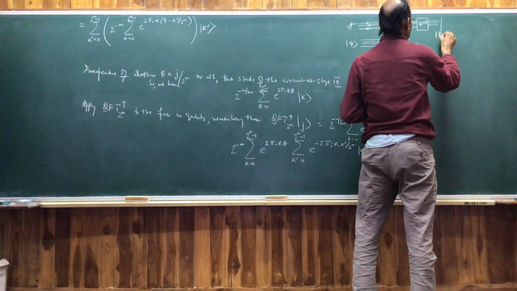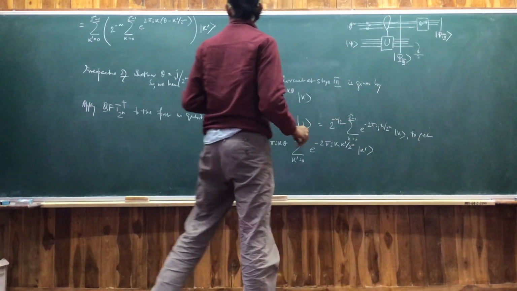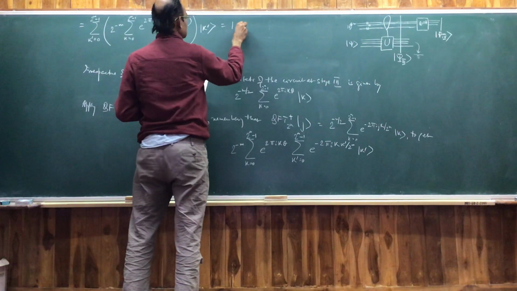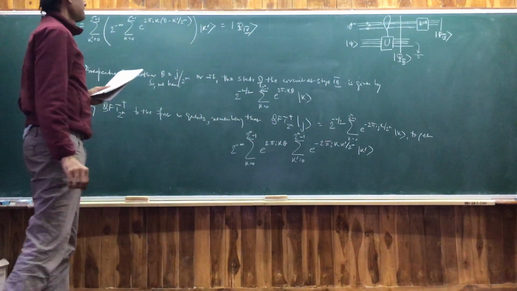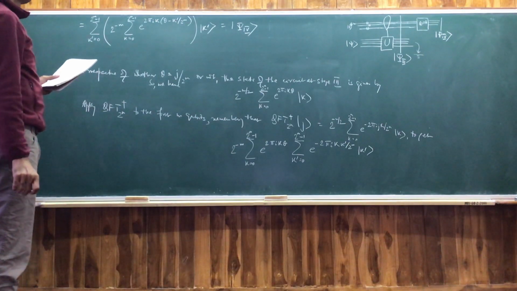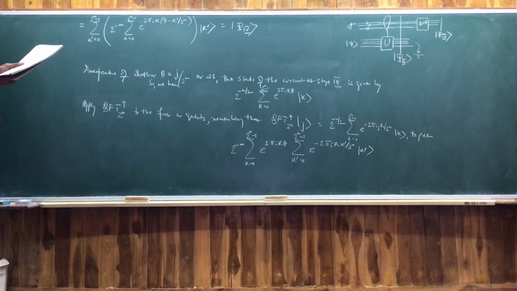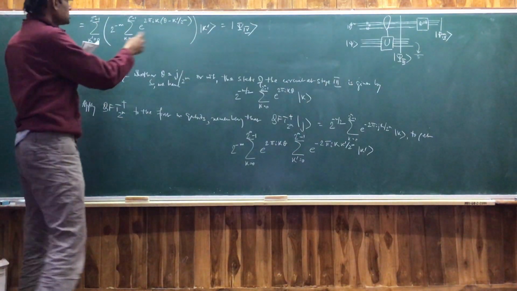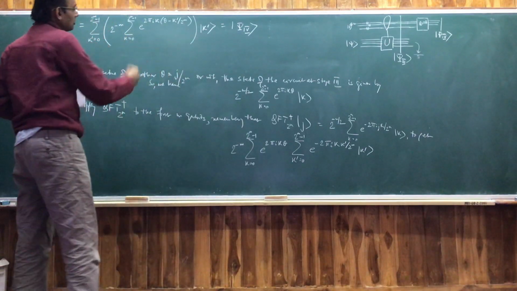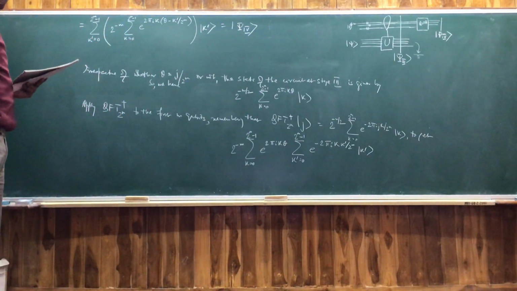Call it psi 4. If we assume theta to be of the form j by 2^m, this is just a single element, but here you have all these elements. Fine.